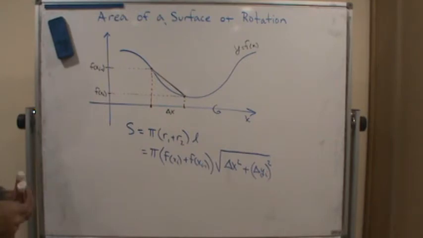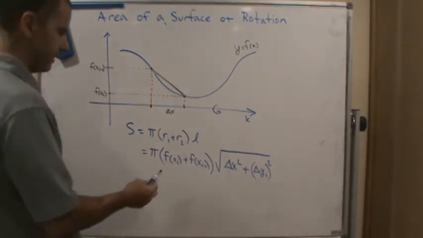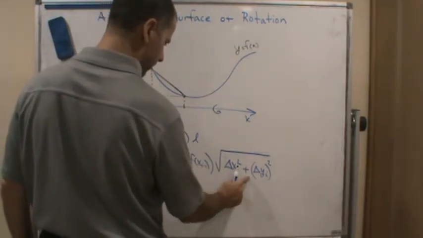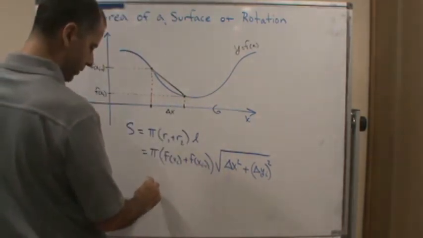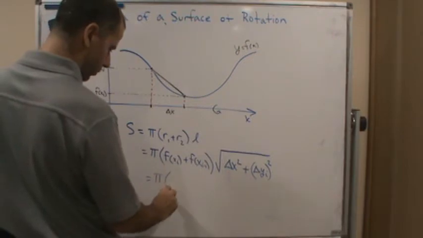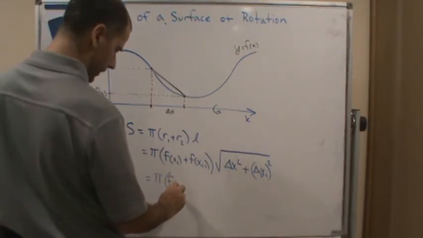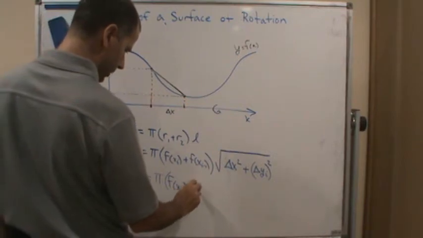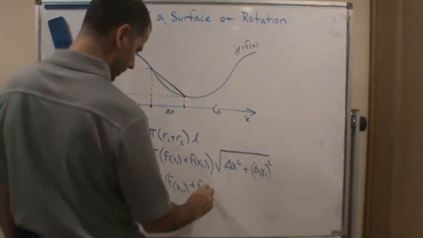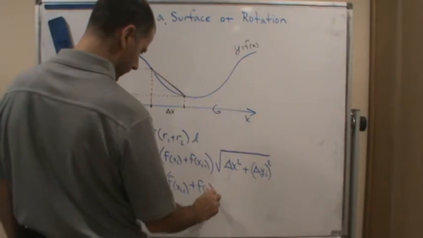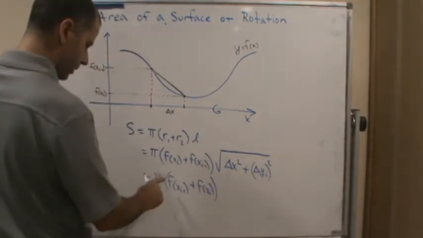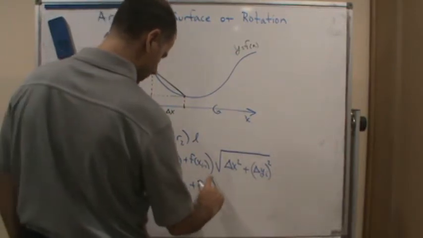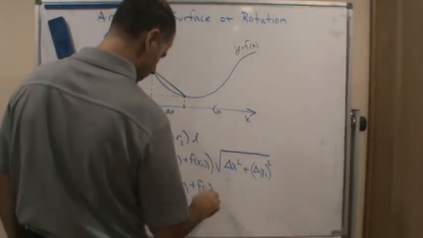And now we can rewrite this. Again, I'm going to flip these around, the addition doesn't matter. So we had pi, and we'll write this as f of x sub I minus 1 plus f of x sub I, in square brackets.